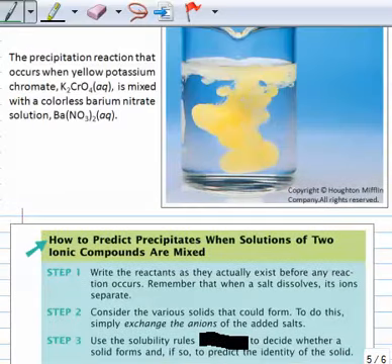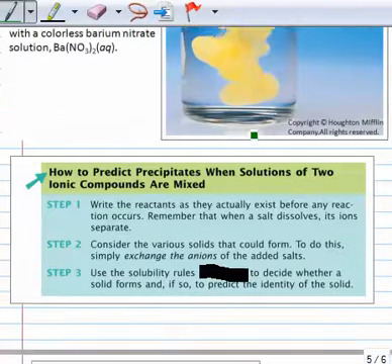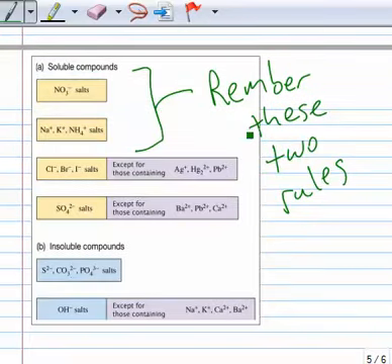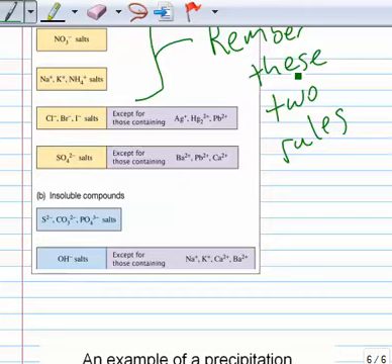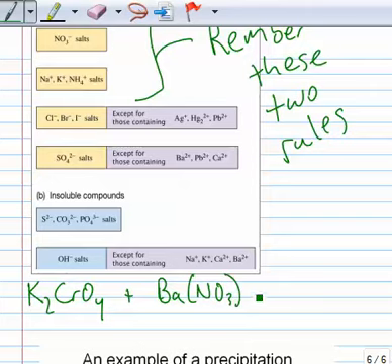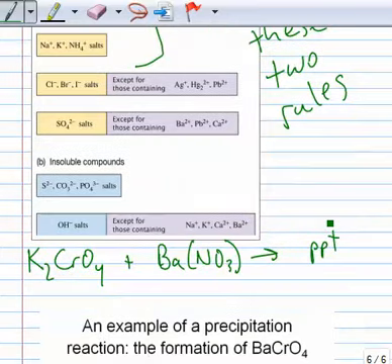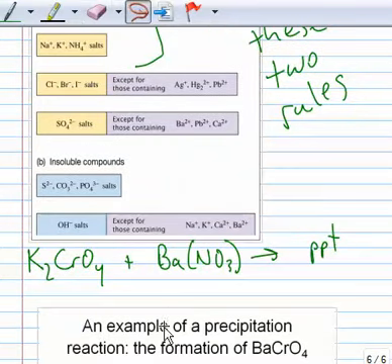Okay, so let's come back to our example of potassium chromate mixed with barium nitrate. So in order to predict what the identity of that precipitate is, we are going to first start off with our reactants. So we have potassium chromate plus barium nitrate, and that goes to form some precipitate, and we want to be able to predict what that precipitate is.